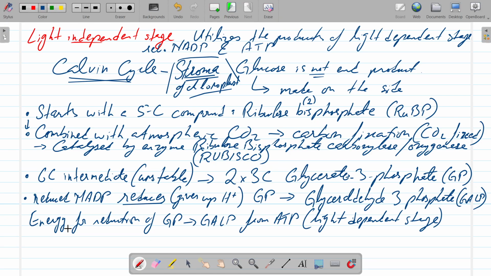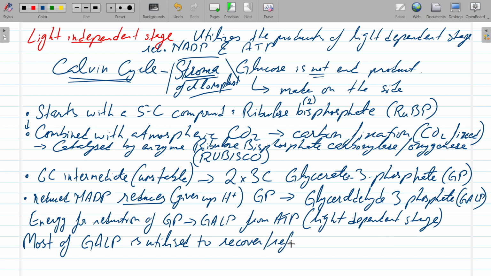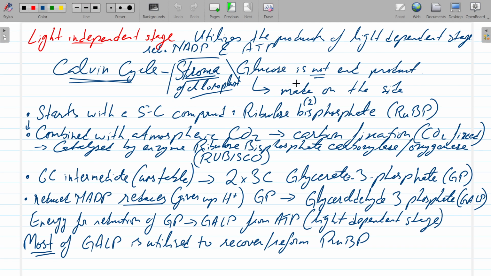So most of the GALP is used to recover or reform the ribulose bisphosphate, most of it.